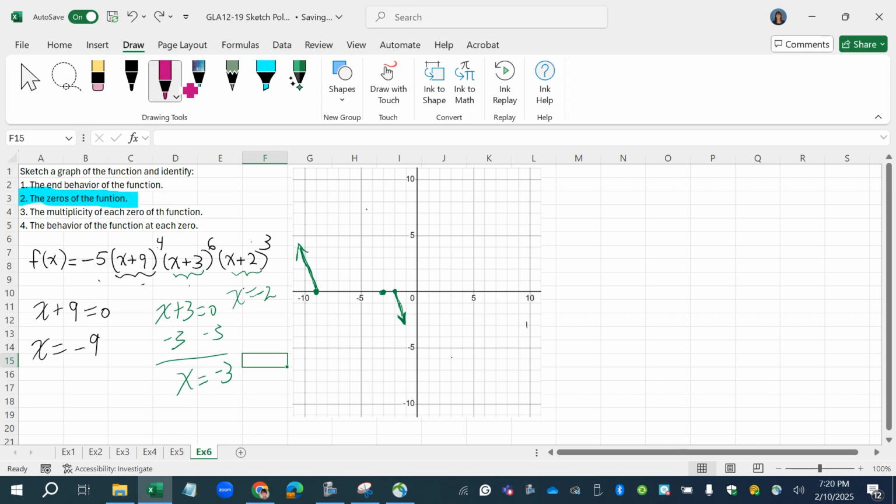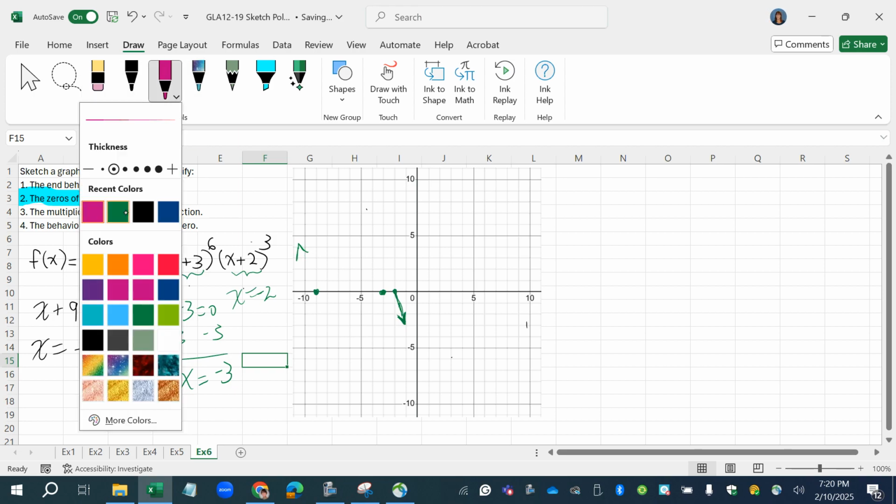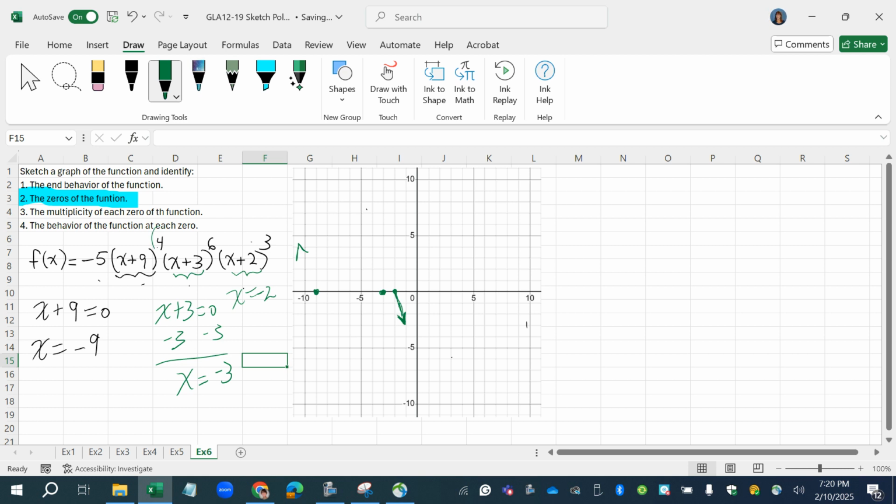Is the function going to draw through, or should we just touch it and turn around? I'm going to say that we touch it and turn around because we have an even multiplicity. The multiplicity of that one is 4, and whenever we have an even multiplicity, we touch and turn around instead of going through the 0.